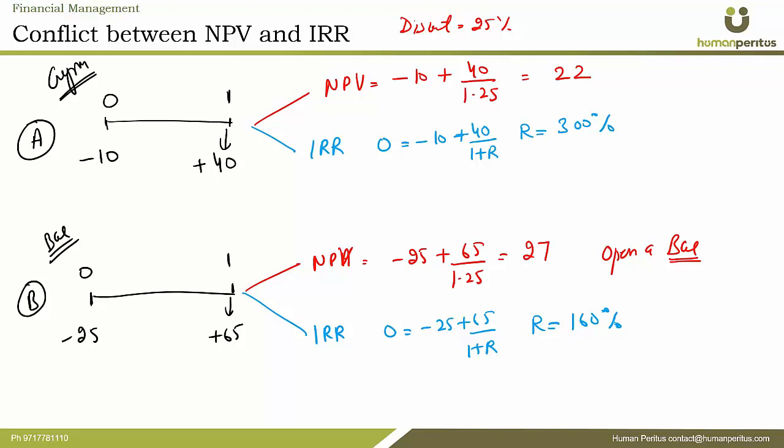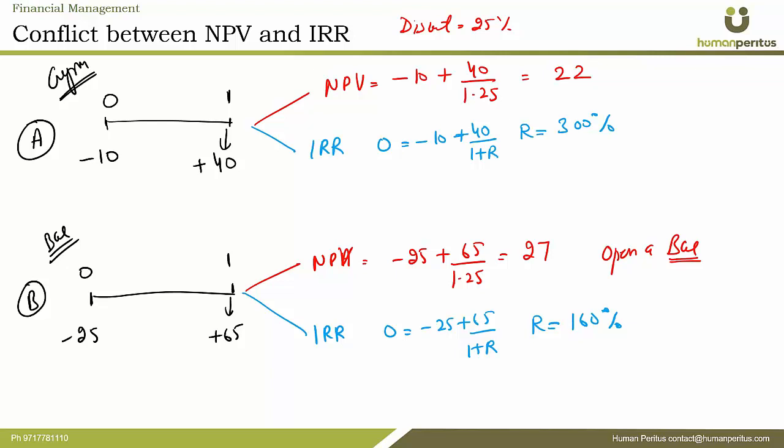What was our rule? If there are two projects with IRR, which one should we choose? Lower IRR or higher IRR? Come on, guys, on the chat box. Lower or higher? If there are two projects, so what is IRR? IRR is the internal rate of return of the project. So because the higher the return, the better it is for me.